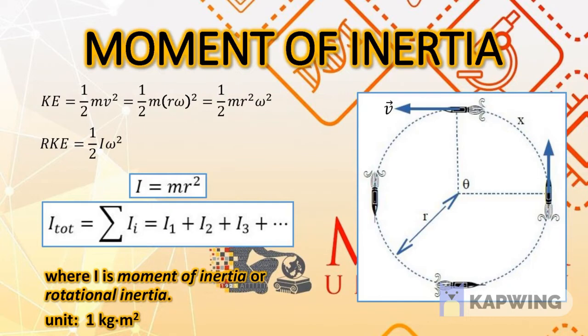Angular speed, you will recall, is related to tangential speed. Angular speed omega is equal to tangential speed v divided by radius r.